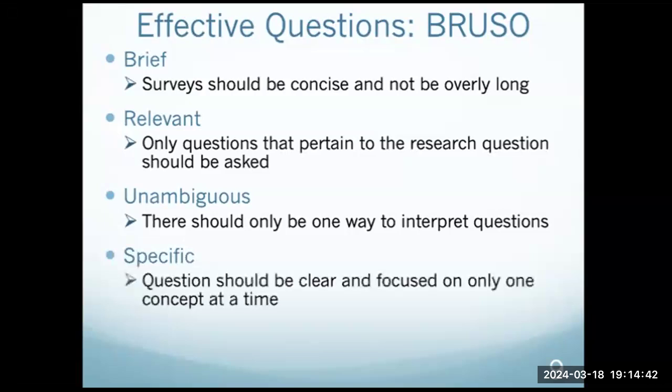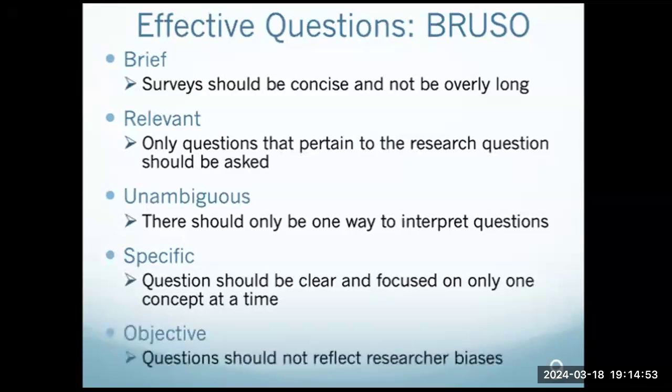S is for specific. The question should be clear and focused on only one concept at a time. Again, that is connected to the unambiguous component. And then objective. Questions should not reflect researcher biases. And I'll talk about how to address the different parts.